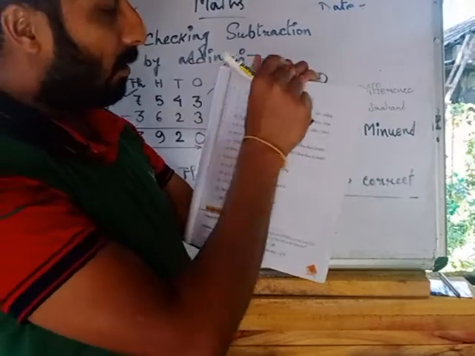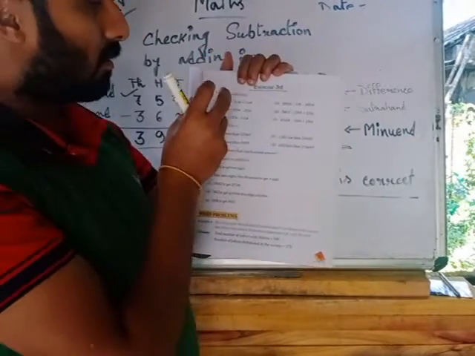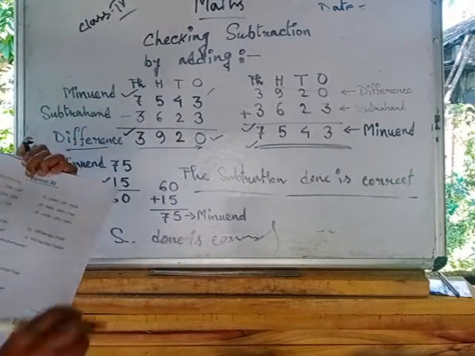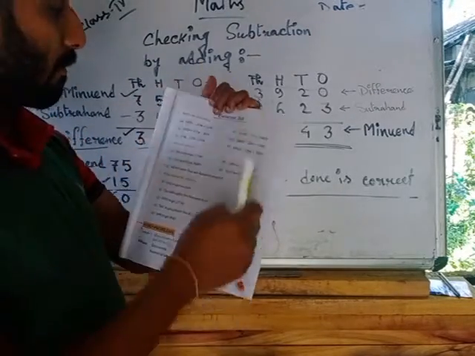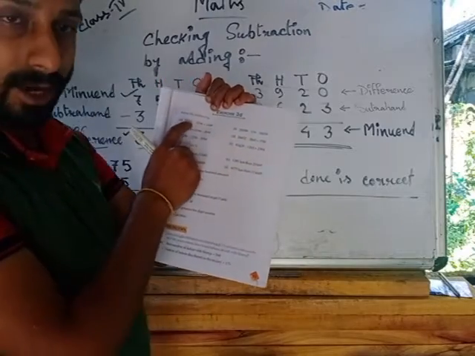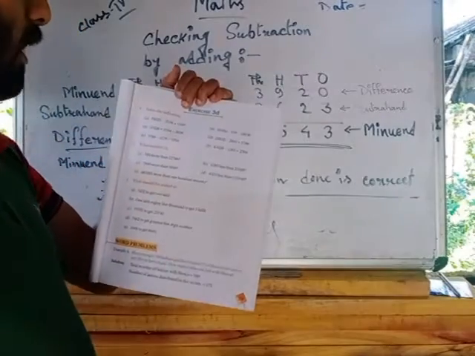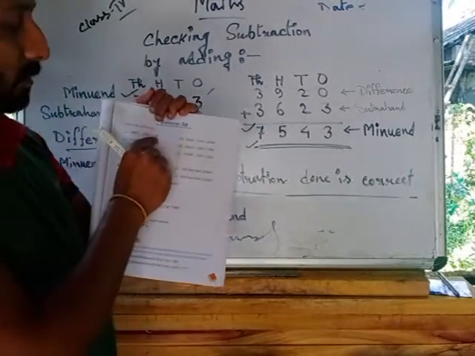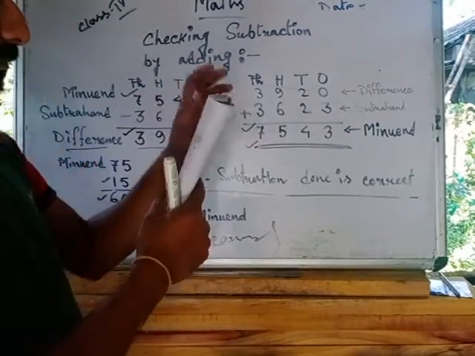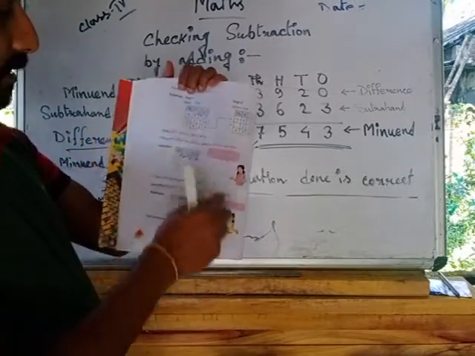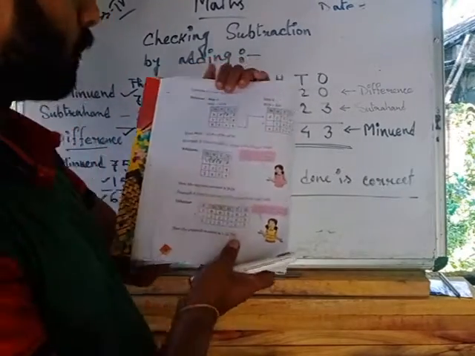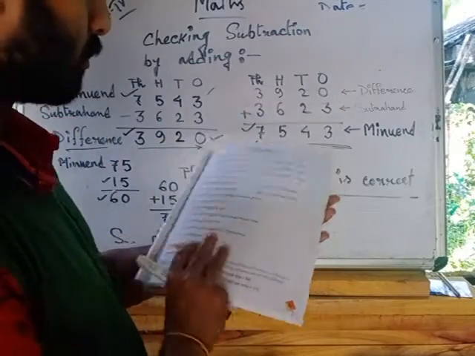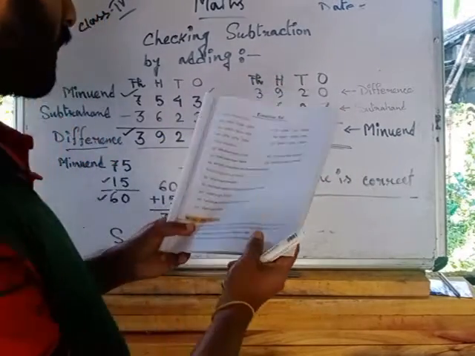Second step, you should add the number you got from the subtraction with this number. Okay, there is an example over here. You should practice the first example. After that you should go to the homework.